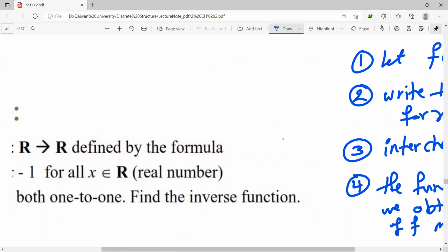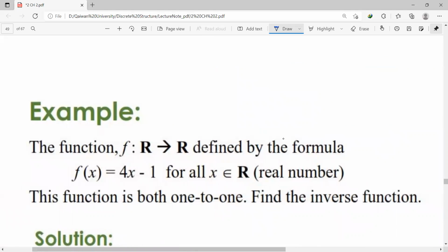Here we have a given function. The function is f of x equals 4x minus 1. We should find the inverse for this function. We just follow the steps that I have written down. The first step, we set y equal to f of x. That means we replace f of x by y.